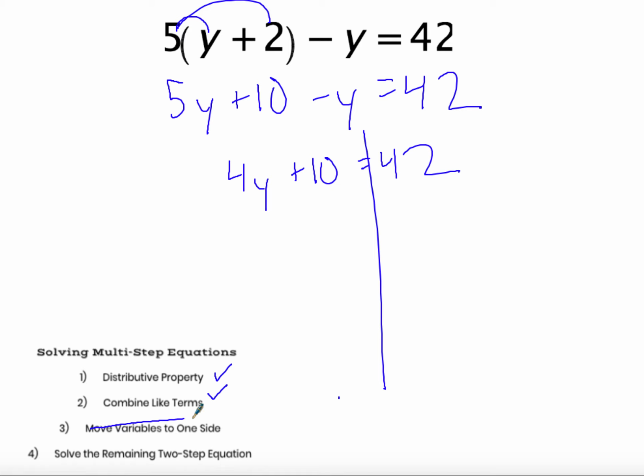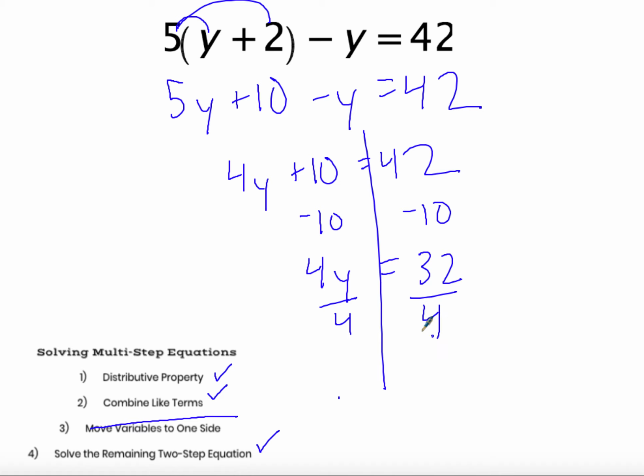We do not have variables on both sides, so we don't need to perform that step. Two-step equation, we are pros, so we are subtracting 10 from both sides. Left with 4y equals 32. Last inverse operation is division, and we are left with y equals 8.